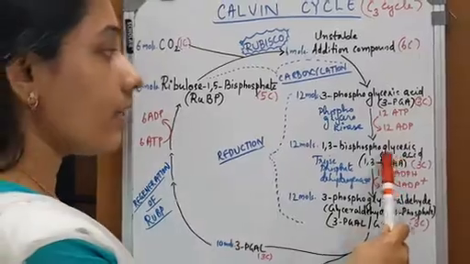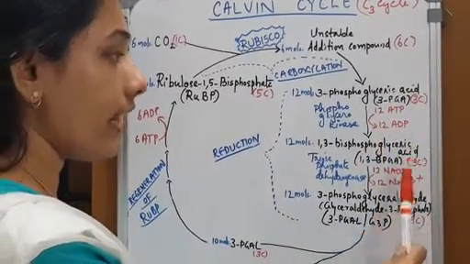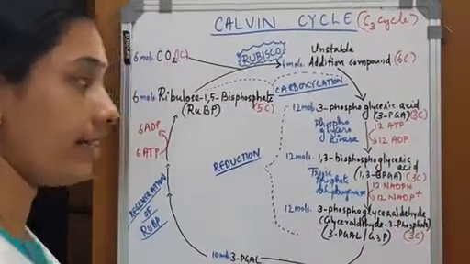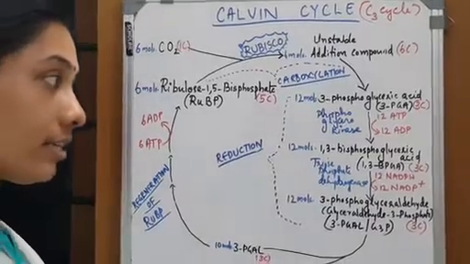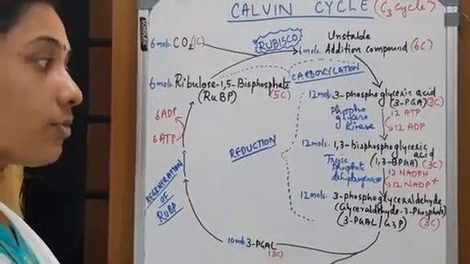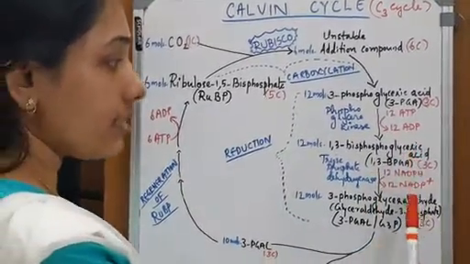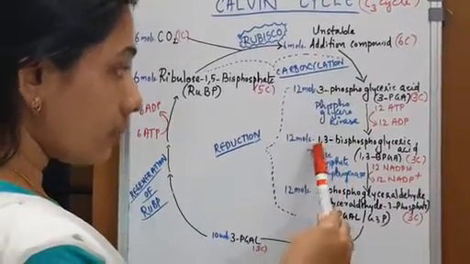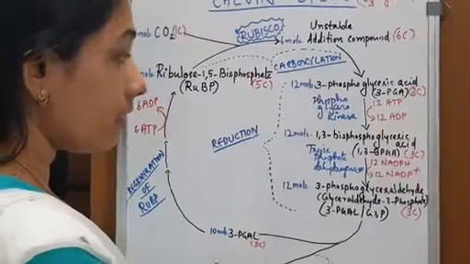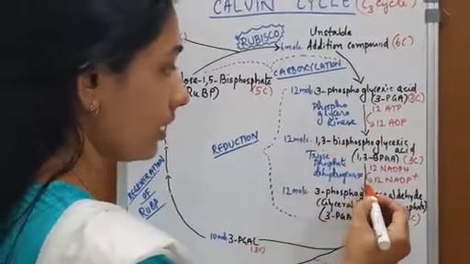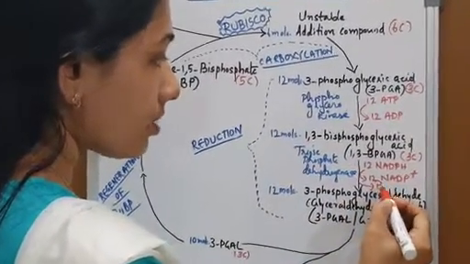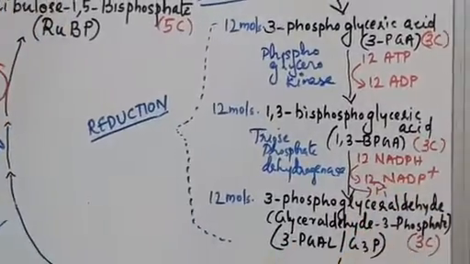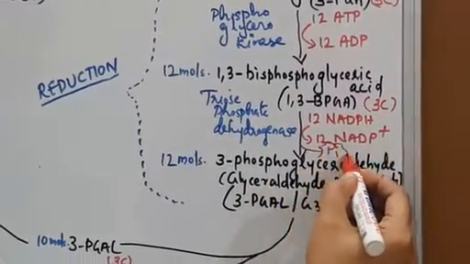As a result of reduction, this glyceric acid is converted to glyceraldehyde. As you all know, as a result of reduction, an acid forms an aldehyde. So glyceric acid is converted to glyceraldehyde. And along with this process, the phosphate group added to this position is also released out. The inorganic phosphate is released at this point.